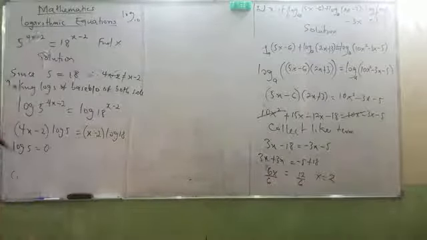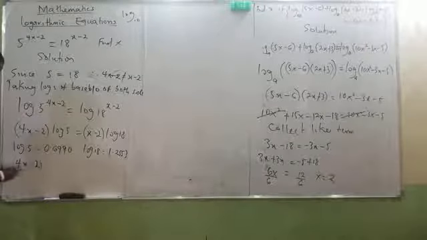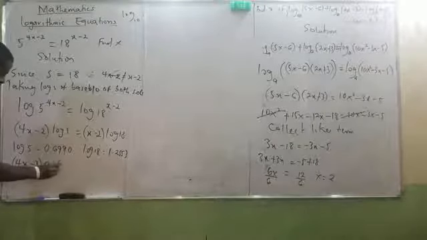It means I can now continue by having 4x minus 2 bracket of 0.6990 will be equals to x minus 2 bracket of 1.2553.